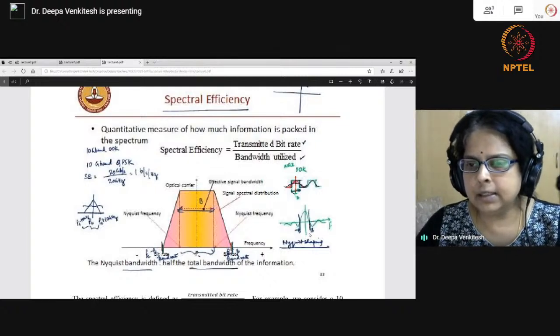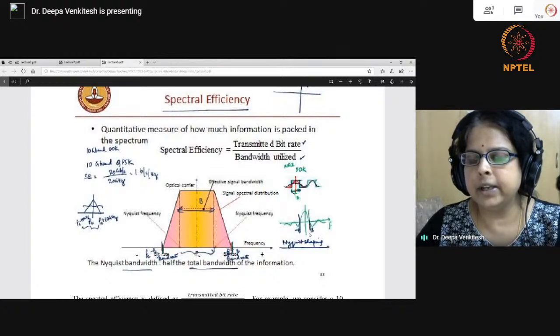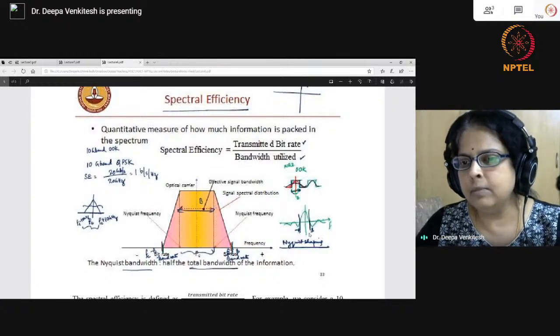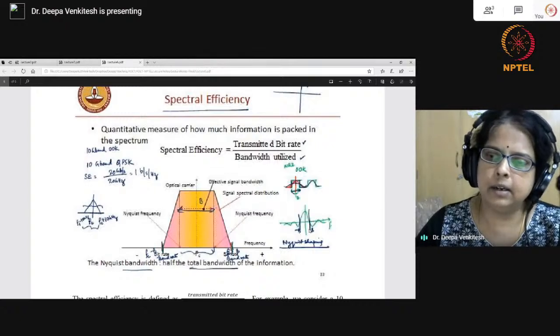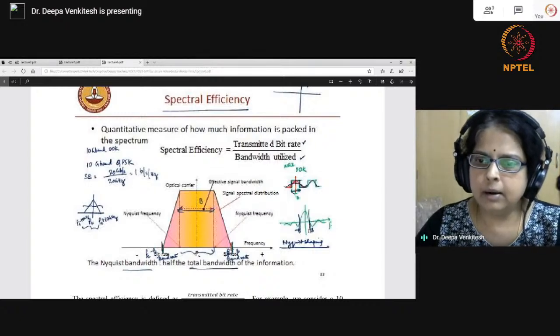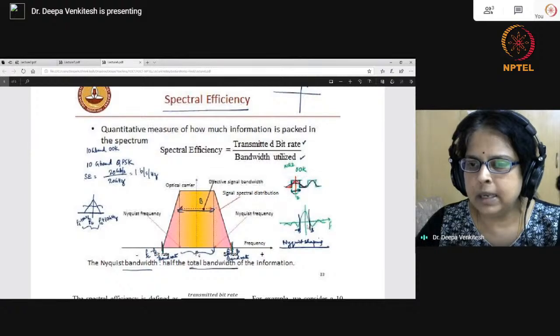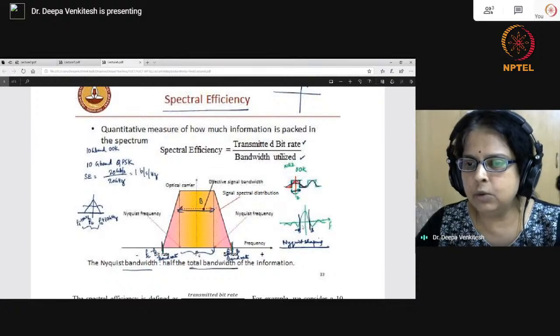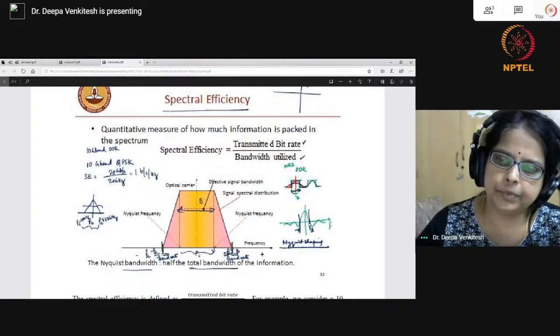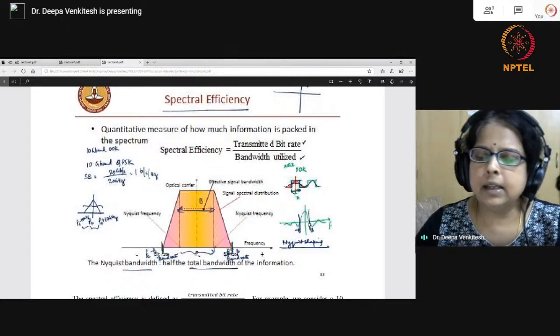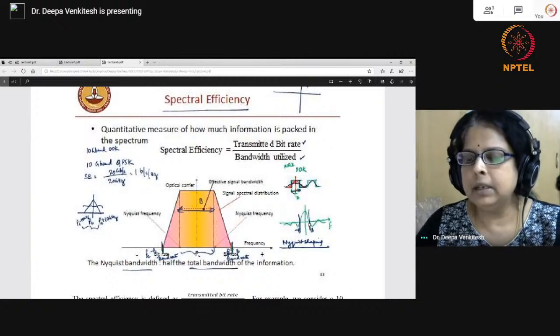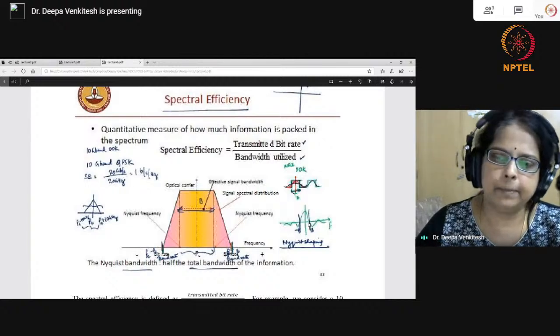But it turns out that when we are trying to look for sending more bits in a given spectrum, what we need to do is to find out mechanisms by which we need not use the entire 2B. The question is, can we use a lesser bandwidth to send the same information? Okay, and that is possible by Nyquist shaping.